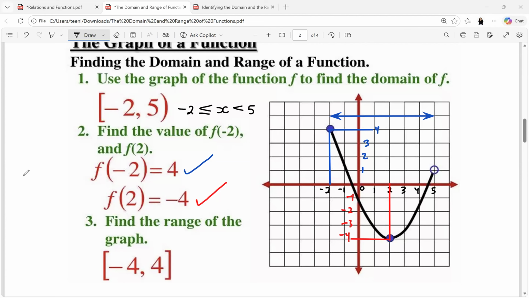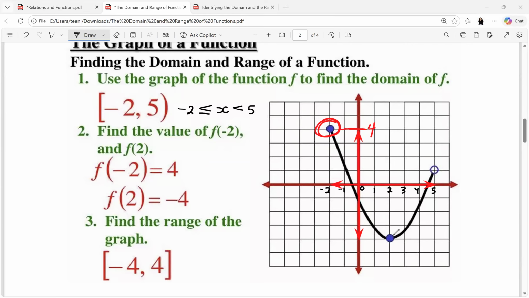And then finally, if I'm looking at the range, remember the domain has to do with your x values, right? Your range has to do with your y values, which is your vertical axis. Here, the highest value of y on this graph corresponds with 1, 2, 3, 4.